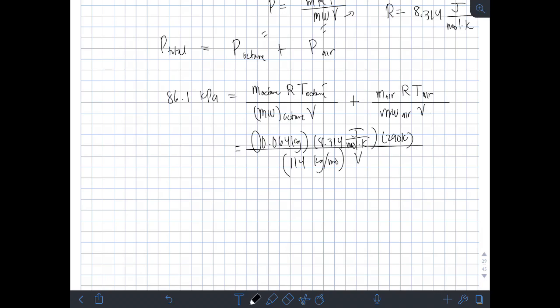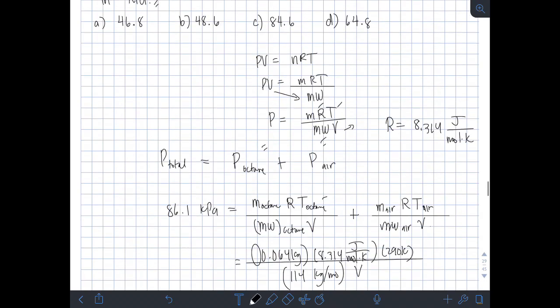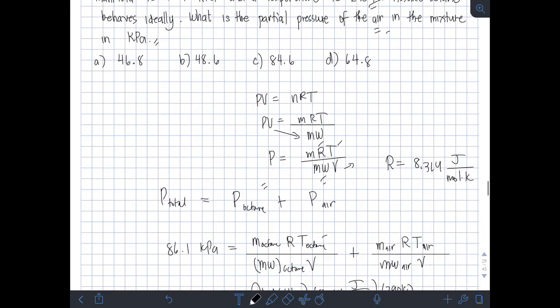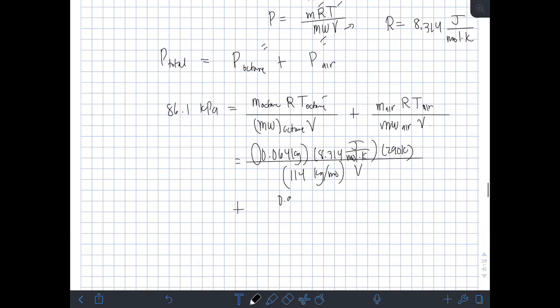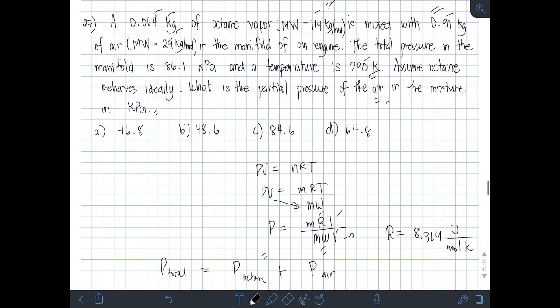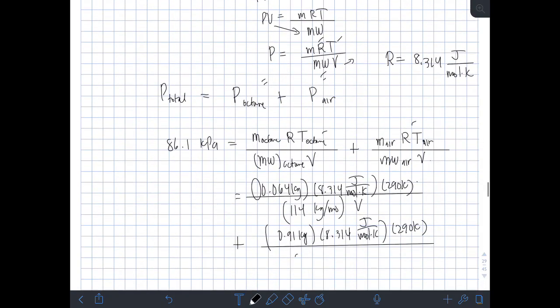Then, unknown V. Plus, doon naman sa air, yung mass niya is 0.91 kg. So, 0.91 kg times same R na 8.314 joule per mole Kelvin. Then, yung temperature is 290 Kelvin divided by molecular weight niya is 29 kg per mole.